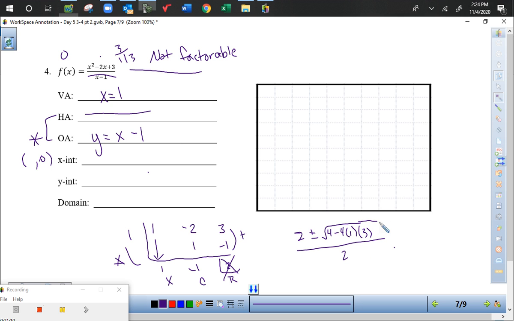Now, I'm not going to work very hard here because I know that 4 minus 12 is a negative number, and when you take the square root of a negative number, it's imaginary. So imaginary solutions don't show up on the graph. You will never have to graph those. So as soon as you see that there's a negative underneath that square root symbol, you're done. Okay, cross out that x-intercept.